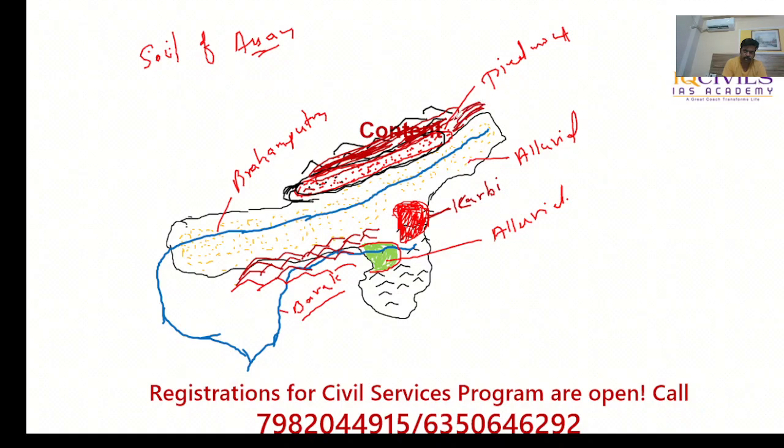You find a little here also. You can also find some in Arunachal Pradesh and Nagaland. Okay, in this area, Nagaland, Arunachal Pradesh, what kind of soil can you find? Red loamy soil, isn't it? So Assam border with Arunachal and Nagaland, in this area you can find red loamy soil.